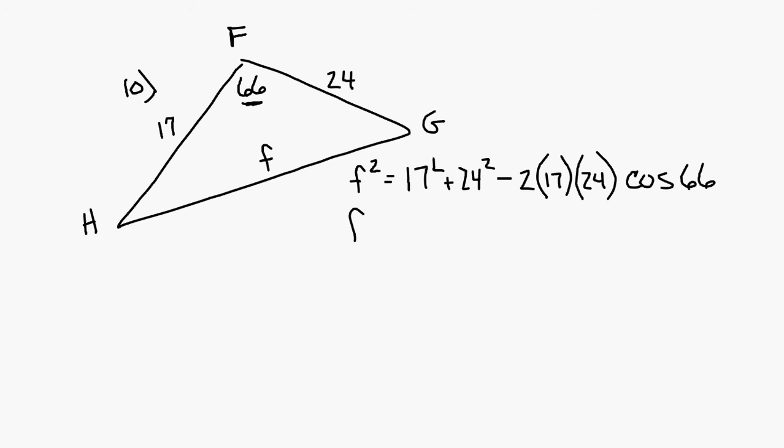So f squared is equal to, that is right in the calculator, 17 x squared button plus 24 x squared button, be sure you push equals, minus 2 times 17 times 24 times 66 cosine, and then hit equals, and you should get 533.1.